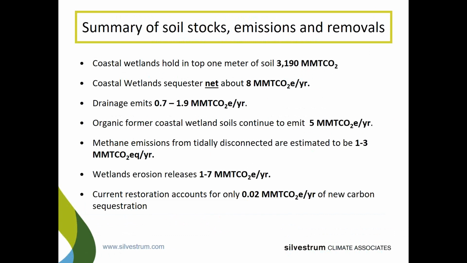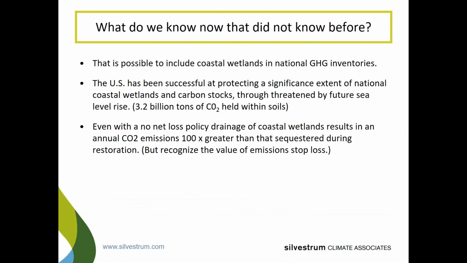So what do we know now that we didn't know when we began this process a couple of years ago? Well, an important lesson really is that it is possible to include at least tidal wetlands within the national GHG inventories. The US has been successful at protecting significant extents of national coastal wetlands through historic legislation.